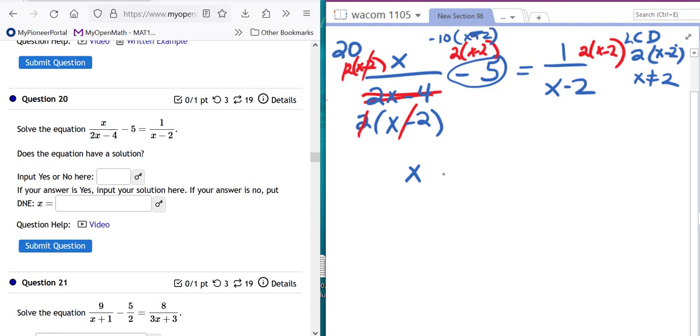Right, so it'll be a minus 10x and a plus 20. Right, this one, the x minus 2 will cancel. We will still have 2 times 1 is 2. Right, and that cleaned up to give us an equation. We did get a linear equation, so we can solve, put the x terms together, gives us a minus 9x.